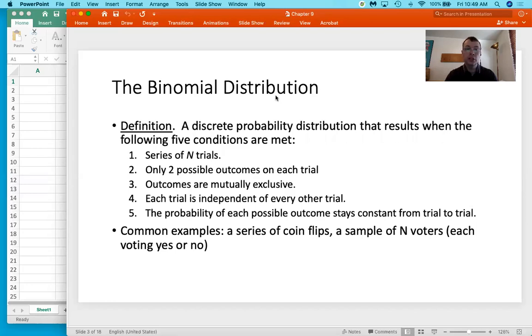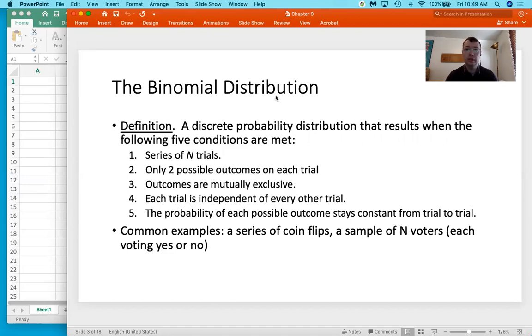And each trial or observation we make can take only one of two possible outcomes. The outcomes are mutually exclusive, which means that one and only one outcome can happen on each trial, excluding the other one. And then each trial is independent. And then the probability of either outcome stays the same from trial to trial.